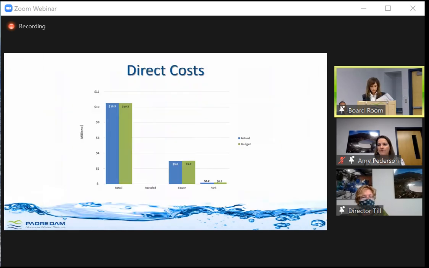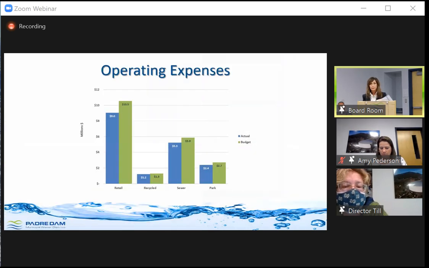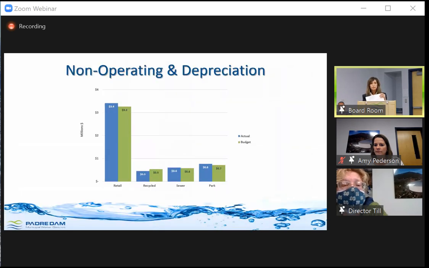Next slide. Direct costs were really good budgeters. It's pretty right on target for the direct costs. And the operating expenses for all operations are below the budget. Non-operating and depreciation, each operation, except for recycled, is just slightly over the budget.